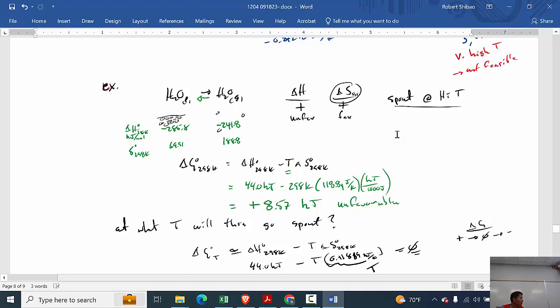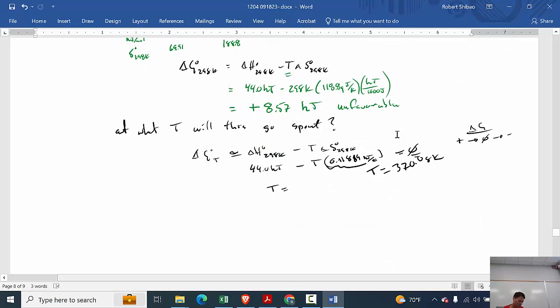So the temperature here is 370.08 Kelvin. Minus 273, that's 97.08 degrees C. The actual temperature is 100 degrees C.